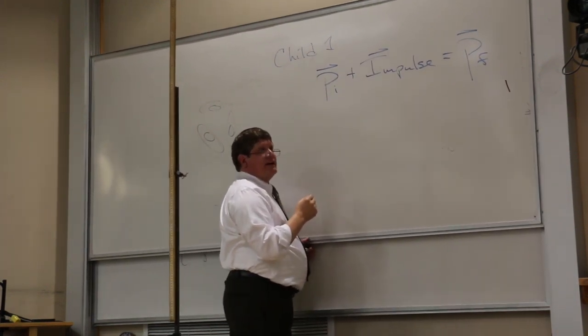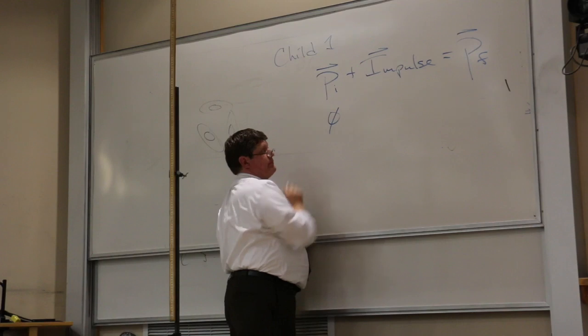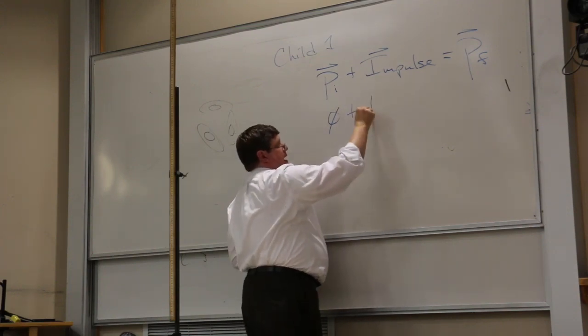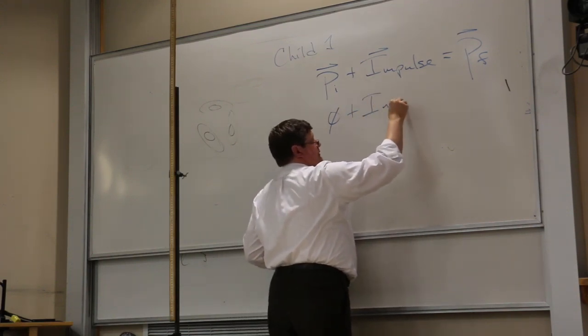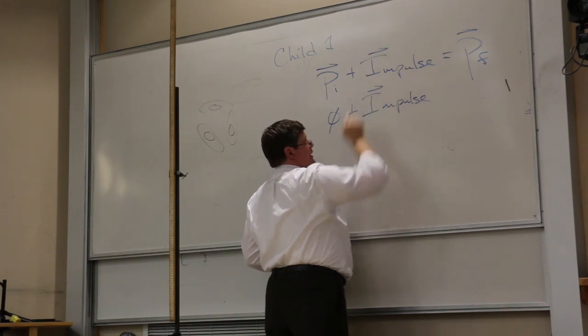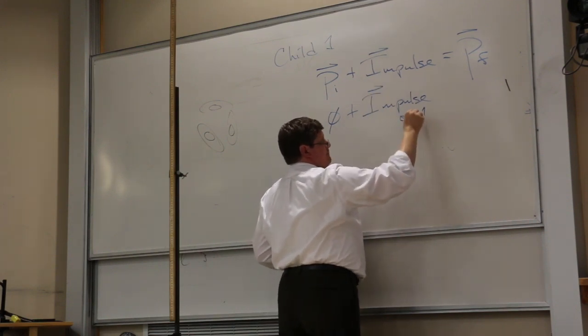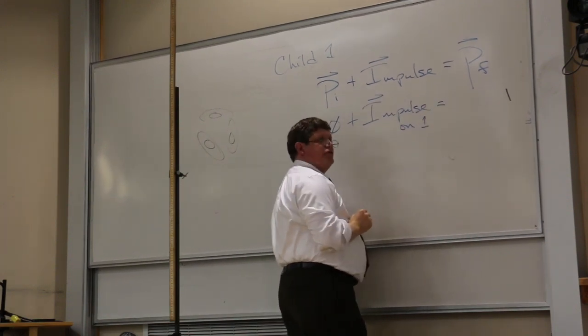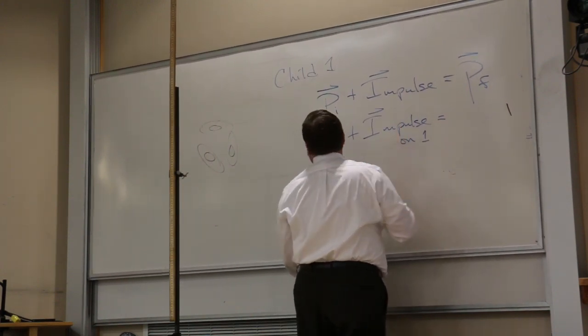Initially, she's just standing there. She has 0 momentum. And then an impulse acts on child 1. And afterwards, she's moving north.